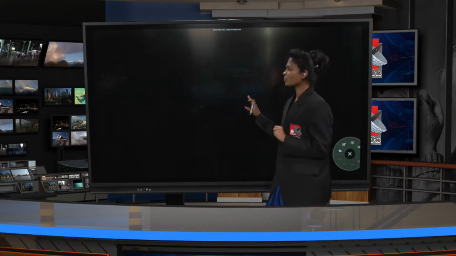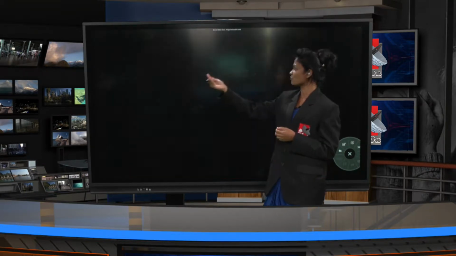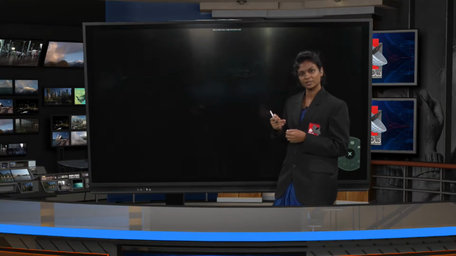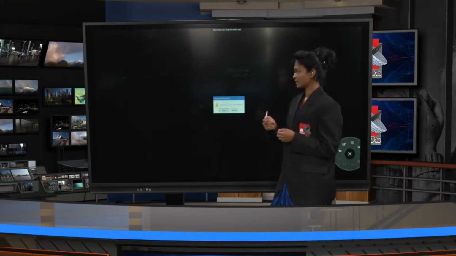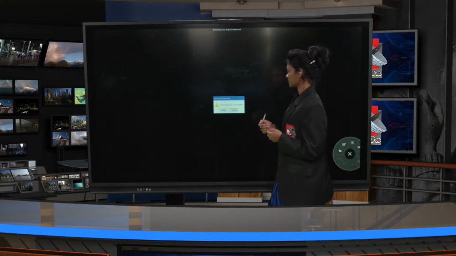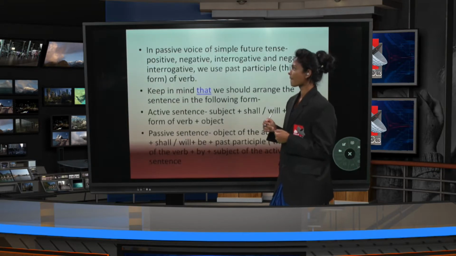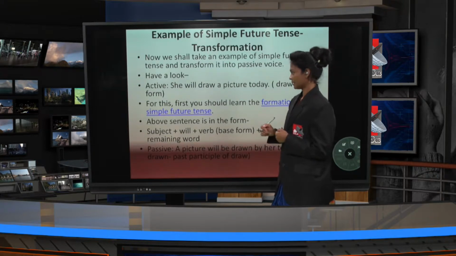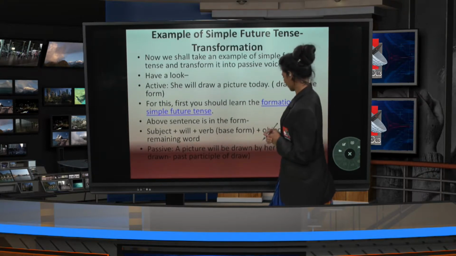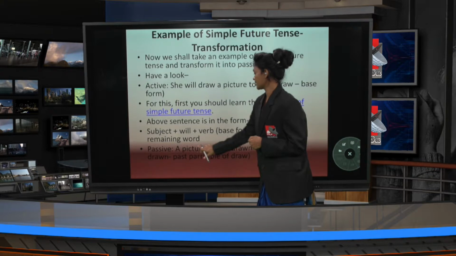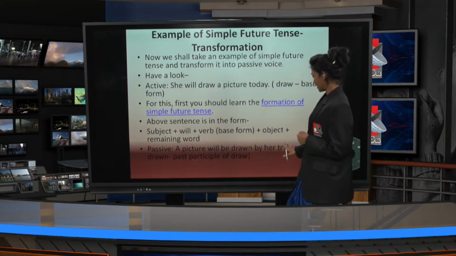Then how do we form it? A picture will be drawn by her. That's how we form it.